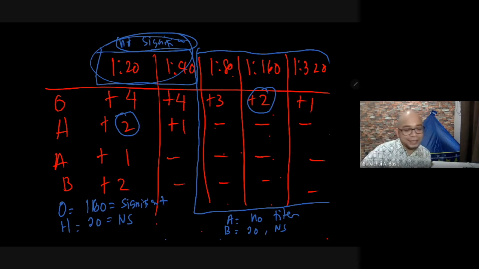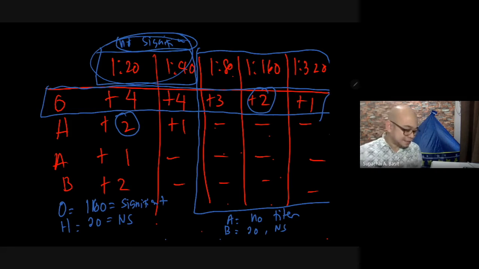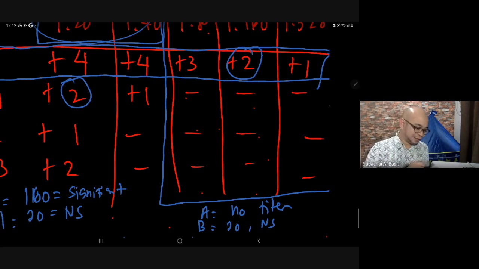So for this particular example, the only one that has a significant titer is O. That's how we interpret.